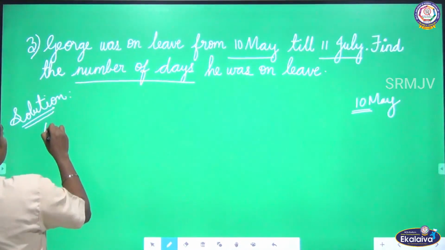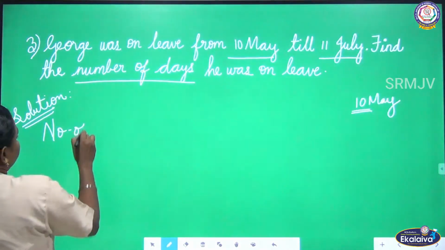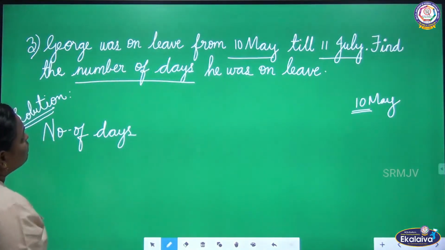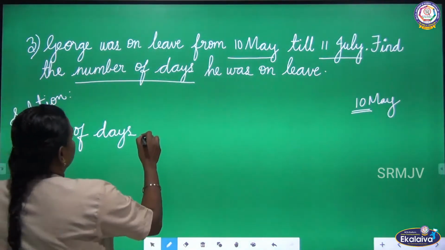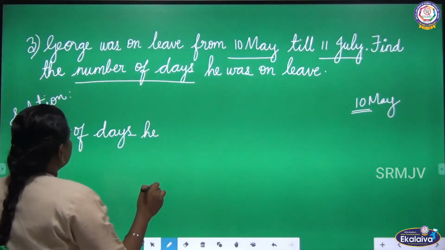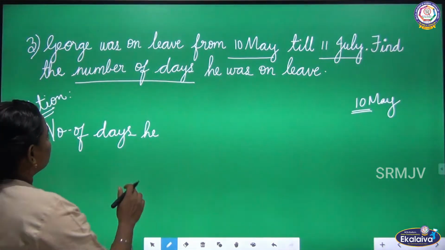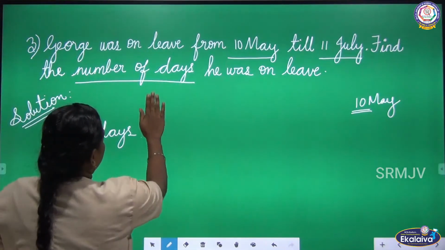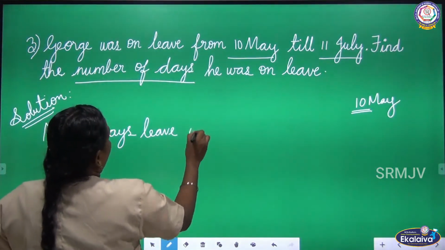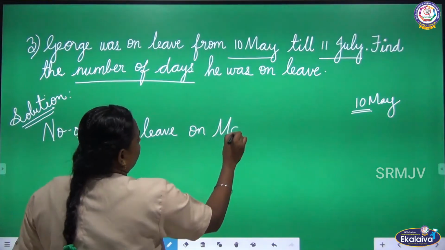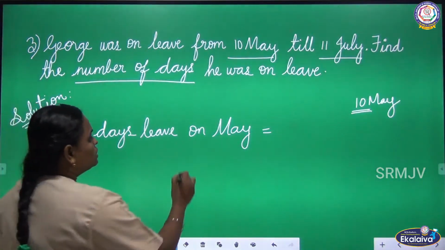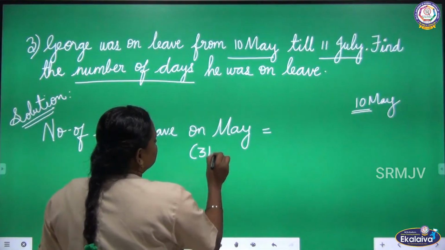So we'll write number of days leave on May equal to 31 minus 9.